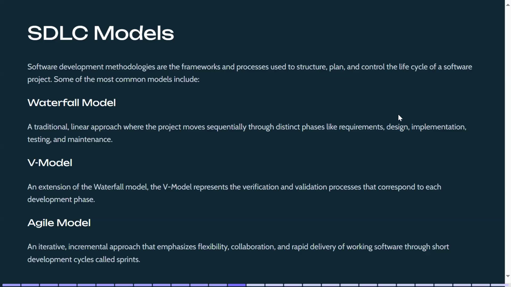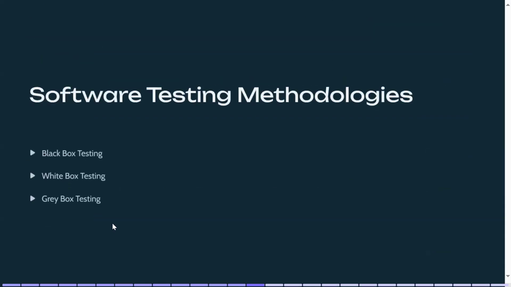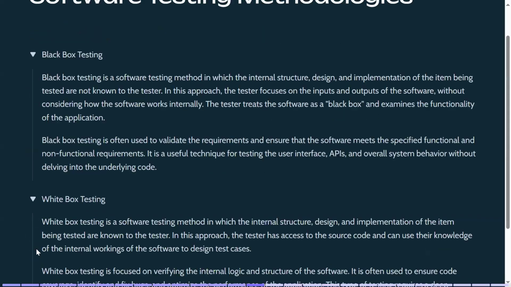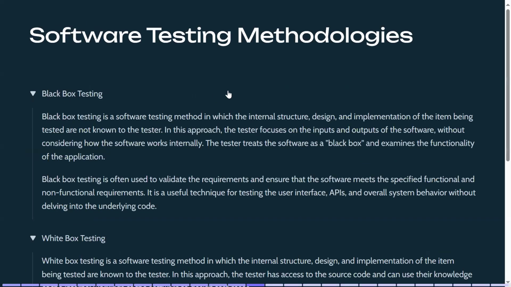That means we are improving the overall software quality and reducing the risk in these advanced models. We will be discussing the V model and Agile models in our next sessions. Okay, very vast topics. Even while performing our software testing, we will be conducting black box, white box, and gray box, which are different types of testing methodologies.